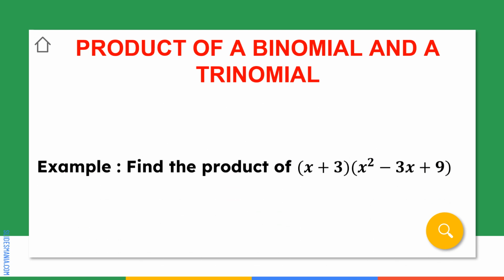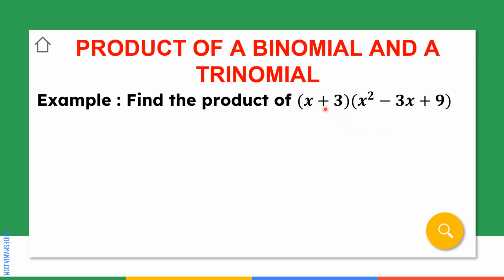Okay, let's have the following examples. Find the product of x plus 3 and x squared minus 3x plus 9. We can use this special product because this follows the format of our general formula. So let a equals x and b equals 3.